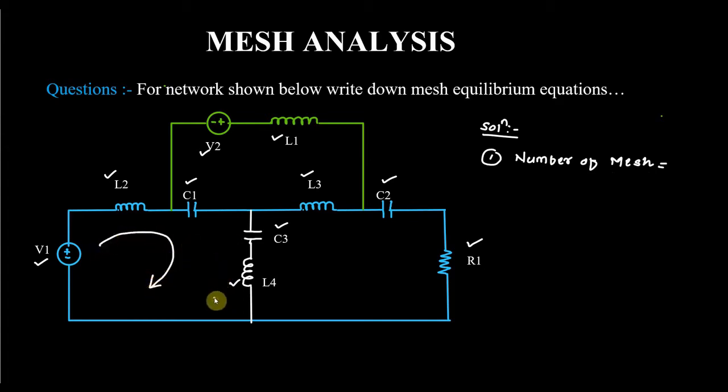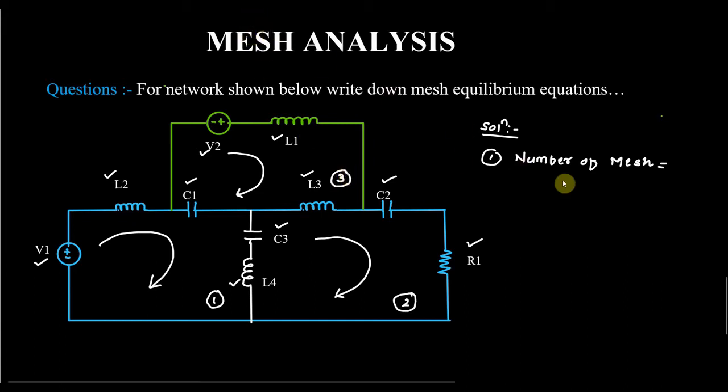This will be mesh number 2, and this will be mesh 3. So in this question we have 3 meshes. This is the first, this is the second, and this is the third one. The naming can be anywhere.